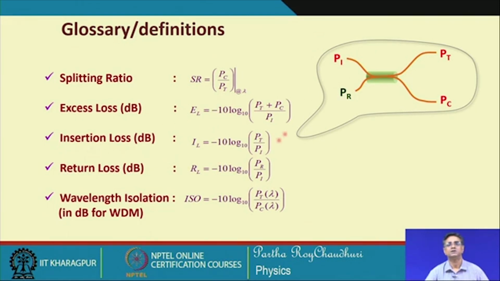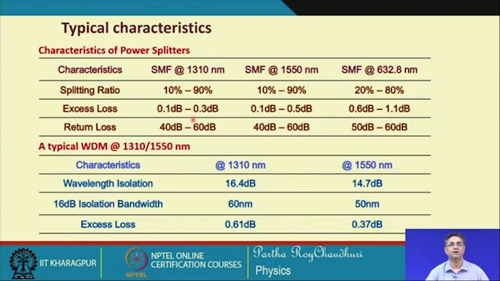Insertion loss is the loss along one particular path, either PC or PT. Then return loss: a part of the light will be reflected because of Rayleigh scattering, imperfection and other things. Then wavelength isolation, this is true for the WDM system, which we will shortly discuss.